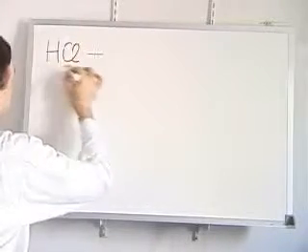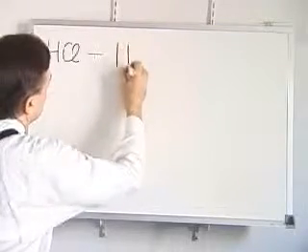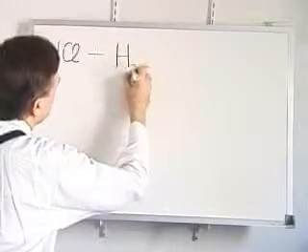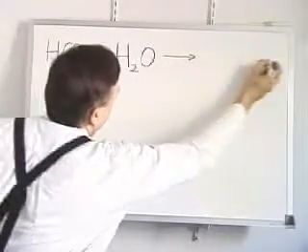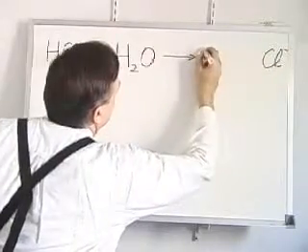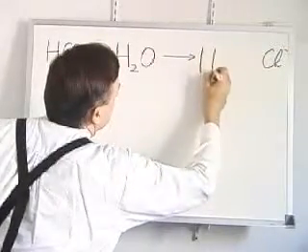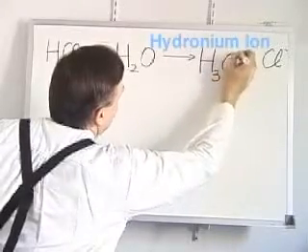1 mole of hydrogen chloride donates 1 mole of protons to 1 mole of water and turns into 1 mole of chloride ions, while the water turns into 1 mole of the so-called hydronium ions.